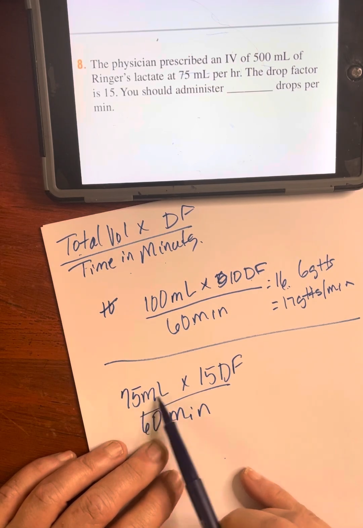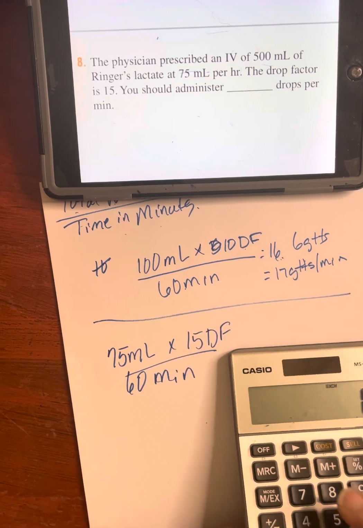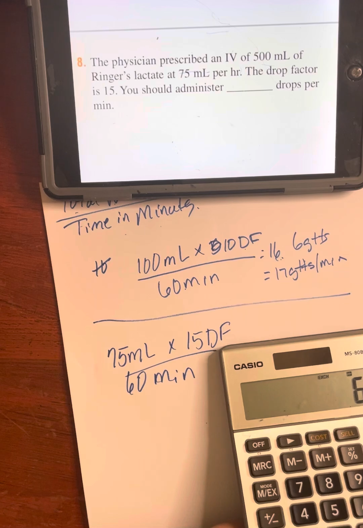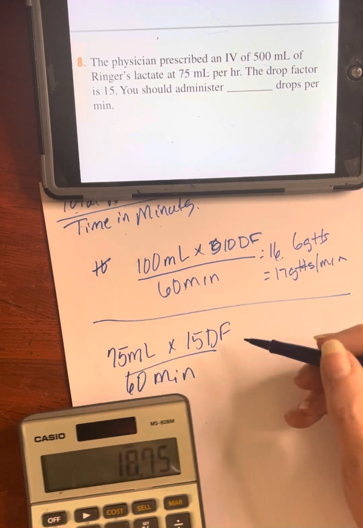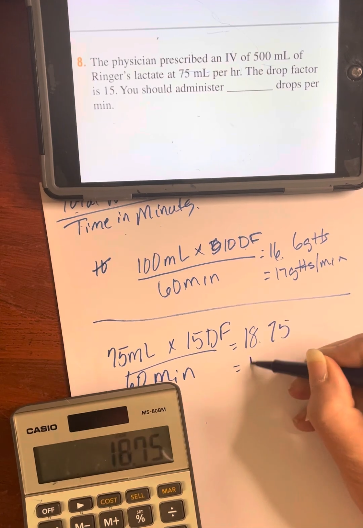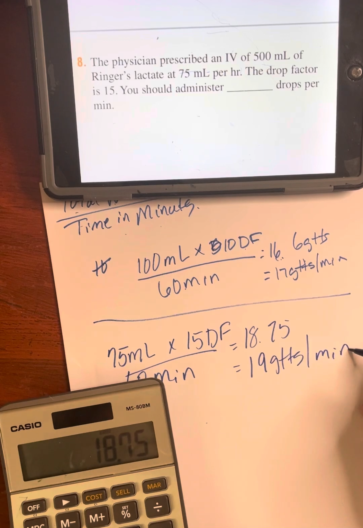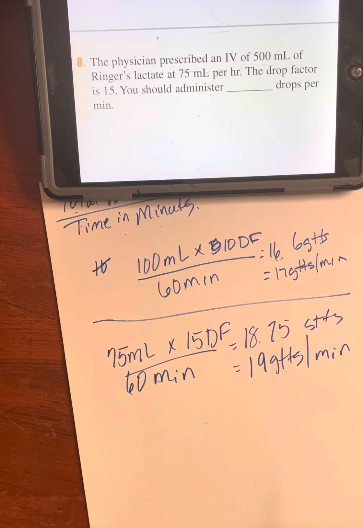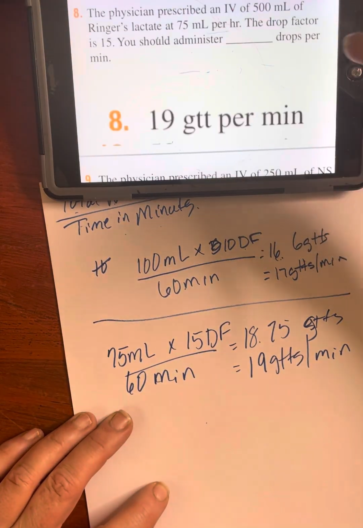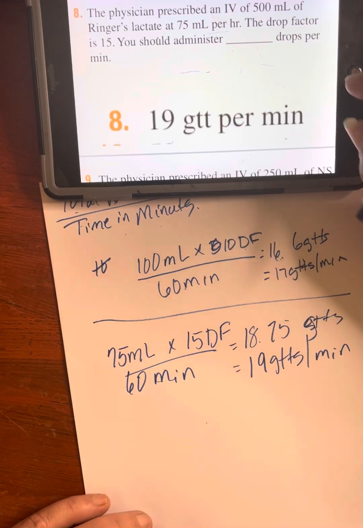So we do all the math on the top and divide it by the number on the bottom. 75 times 15, divided by 60 is 18.75, which would be 19 drops per minute. Just put drops on there. We saved them.